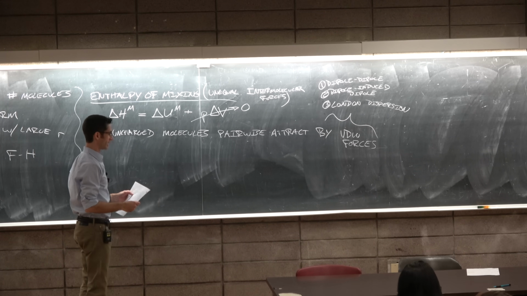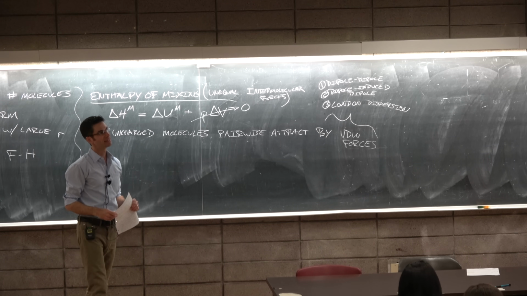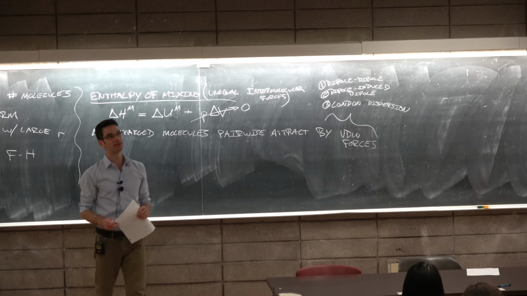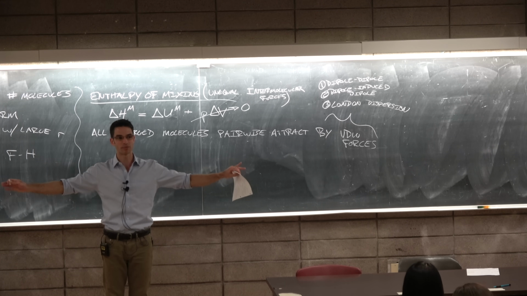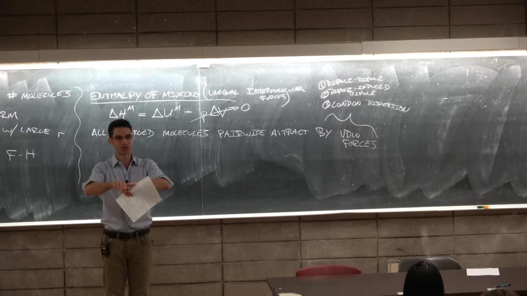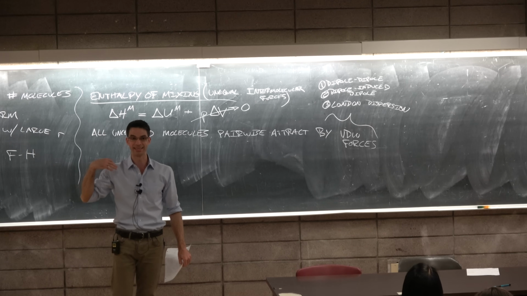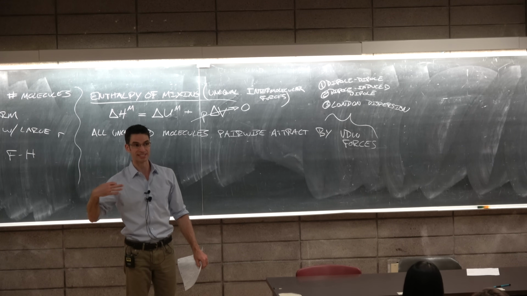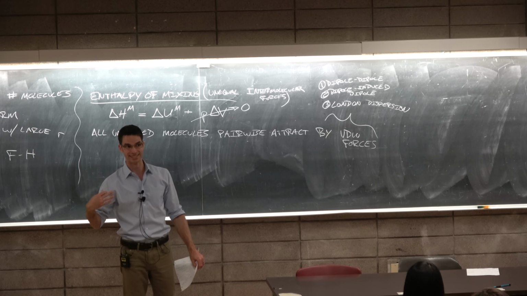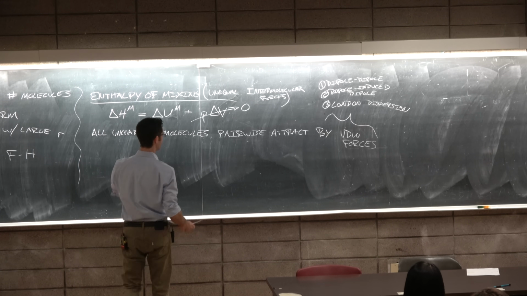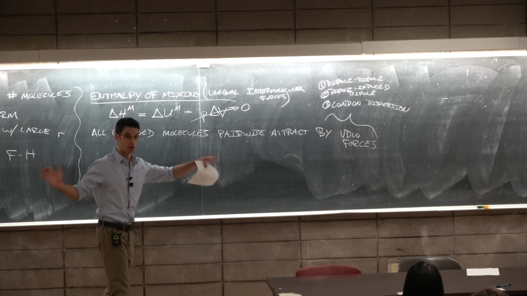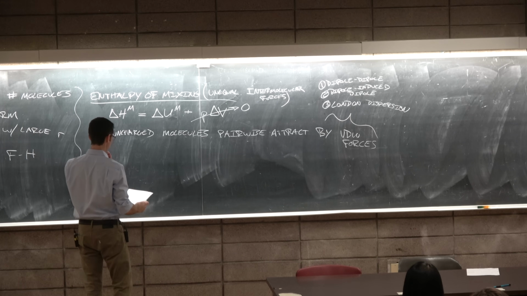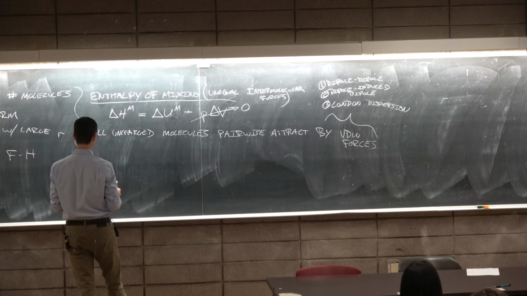By convention, if the potential energy at infinite separation is high, and when they're close to each other it's low, that means the interaction energy that produces an attractive force is negative. So upon moving two objects closer together, the interaction energy is negative.